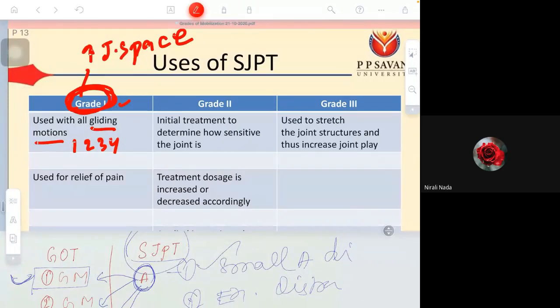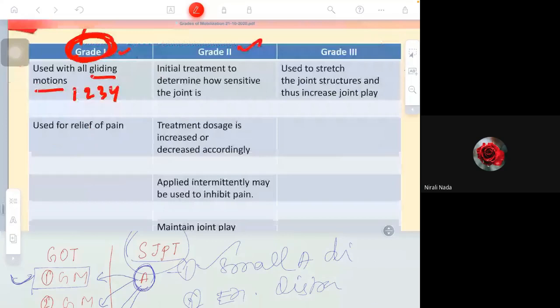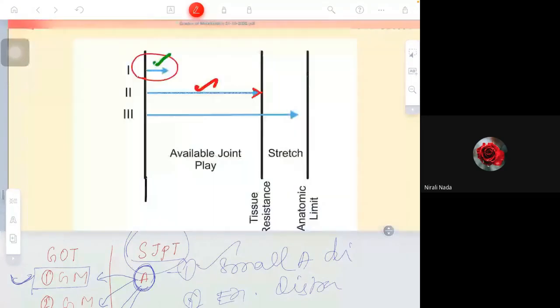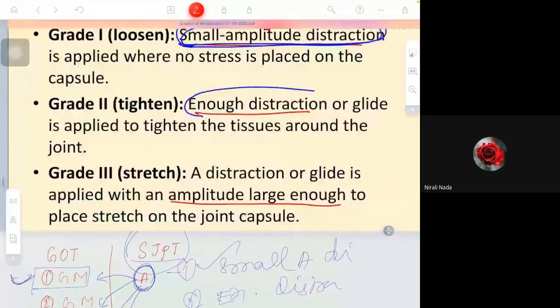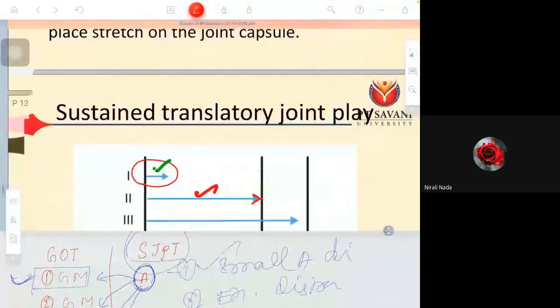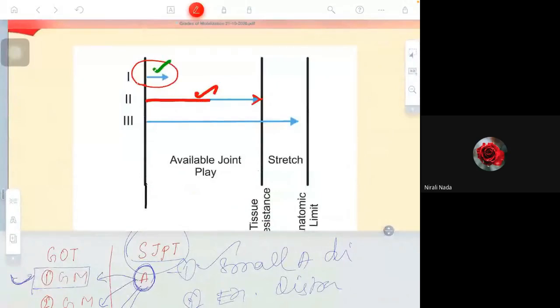Now grade 2. What is grade 2? Grade 2 is enough distraction. What is enough distraction? You are separating the joint till you feel the restriction, but you are not crossing.